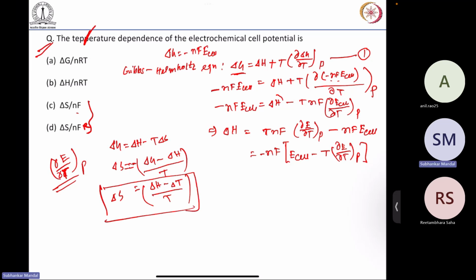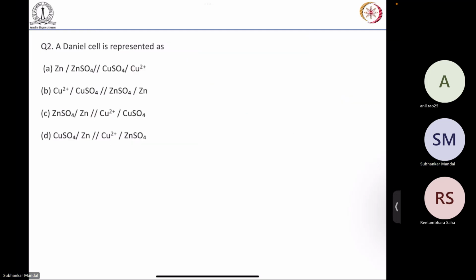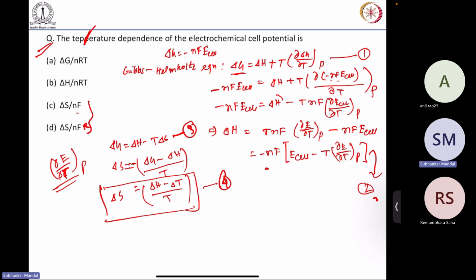Okay. So now suppose this one I give some number, suppose this is 2, and this is suppose 3 and this is suppose 4. Then from 2 and 4 what you can get? If you put this value of delta H here, then what you will get?